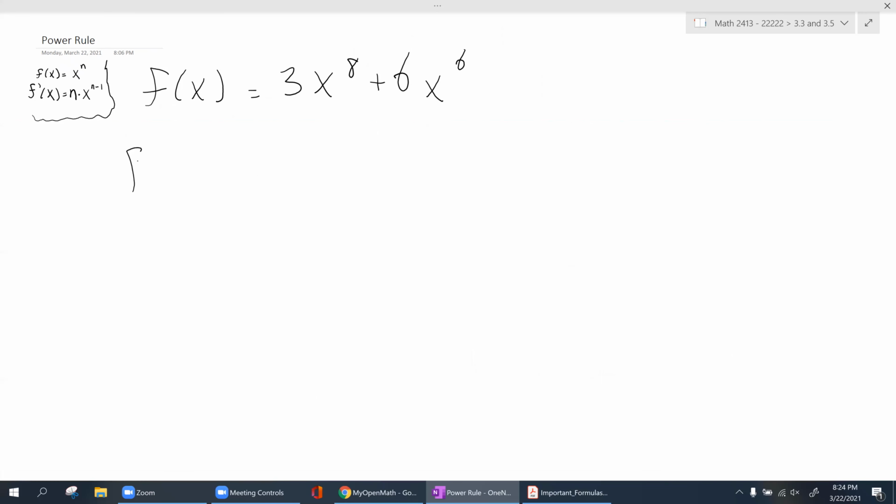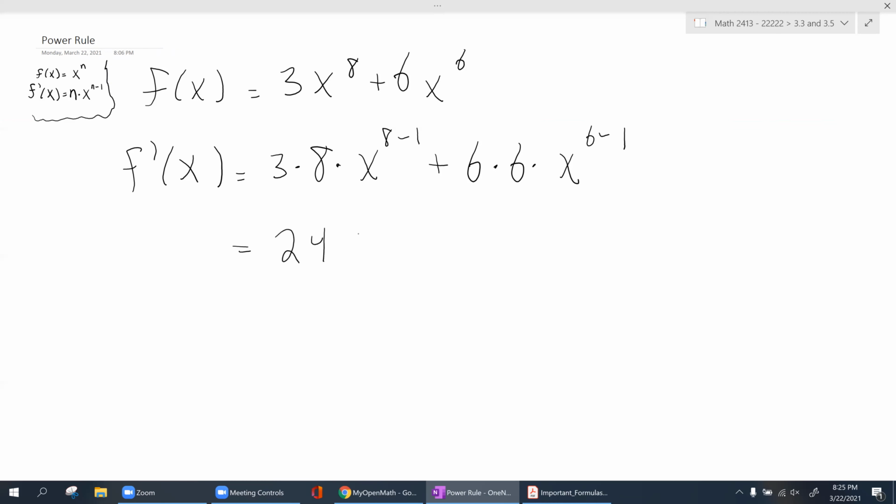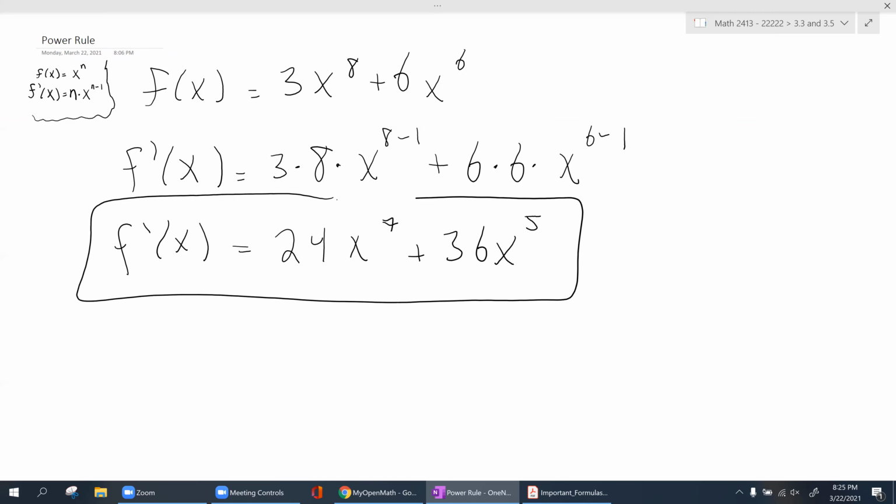Well, I know this is going to be 3 times 8 times x to the 8 minus 1 plus 6 times 6 times x to the 6 minus 1, which is just 24x to the 7th plus 36x to the 5th. And that's it. These are derivatives. These are nice. These are cool. I like these. Let's go ahead and do another example.